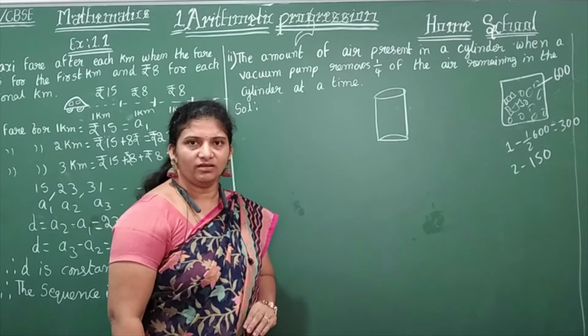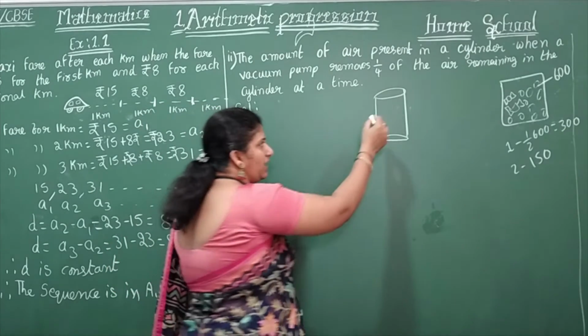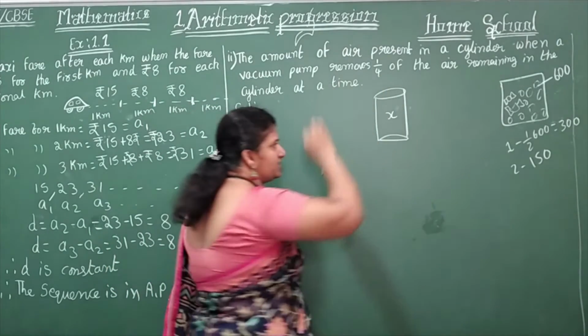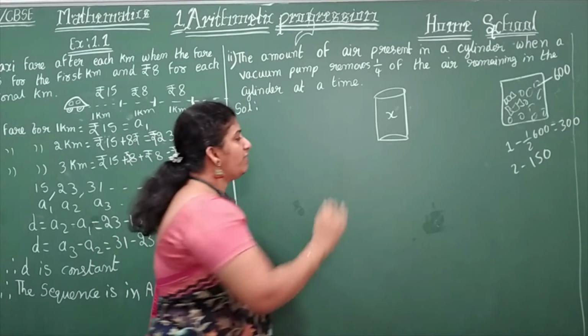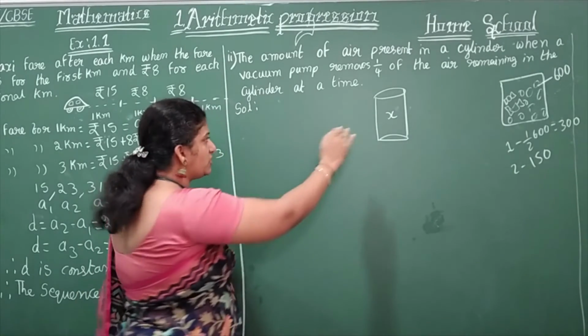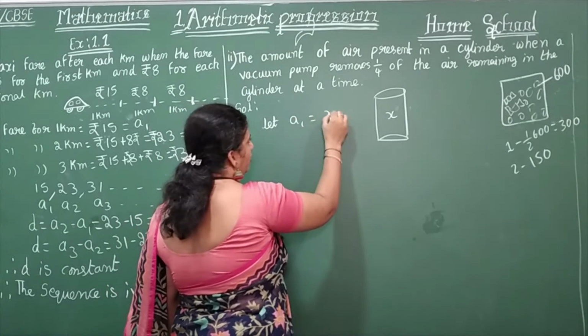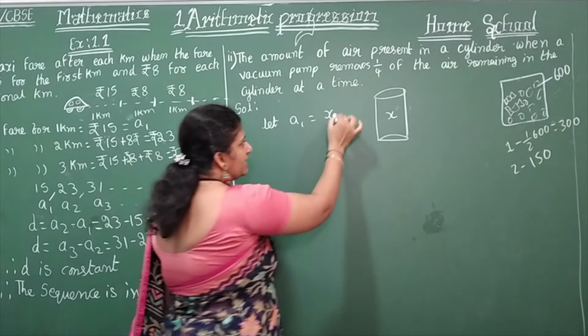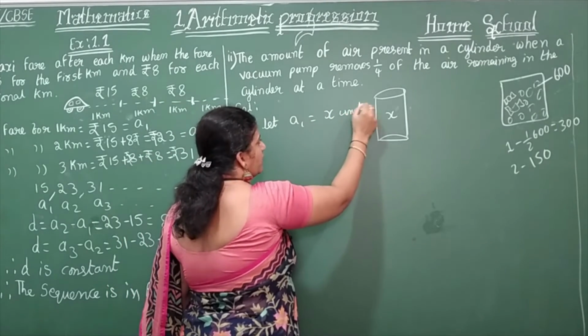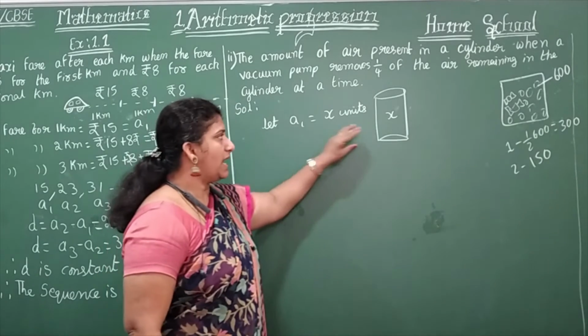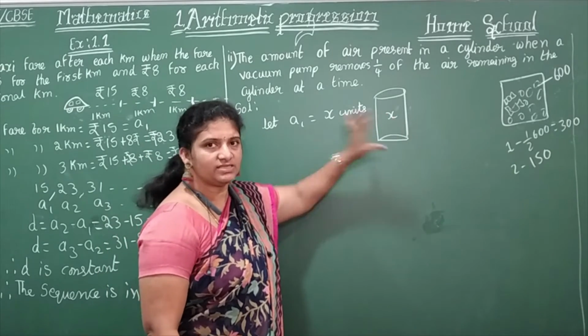Right, children? Let the air present in the cylinder be X. The first time, let A1 be equal to X. What is this X? X units, the amount we are assuming in the cylinder.